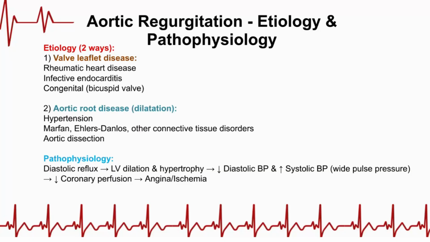In terms of pathophysiology, we have diastolic reflux. What that means is that blood from the aorta leaks back into the left ventricle, and this causes blood from the left atrium plus this new blood from the aorta to increase volume inside the left ventricle. This causes volume overload.